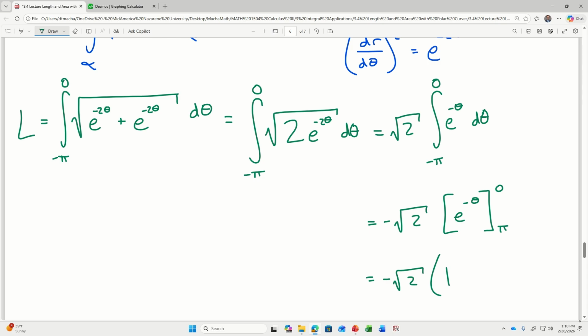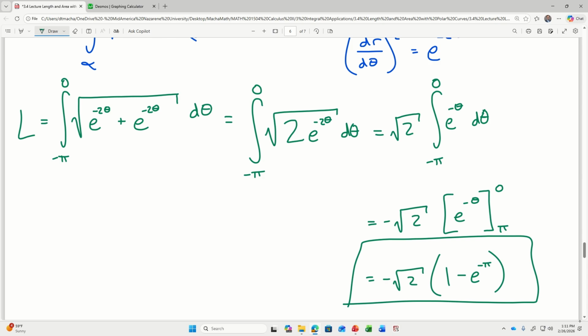Yeah. And we factored it out. E raised to a real number power is never a negative number. Even if it's like e to the negative 5, that's just 1 divided by e to the positive 5, so it's just a small real number. And then e to the negative pi is not anything, so we just write e minus e to the negative pi. Just is what it is.